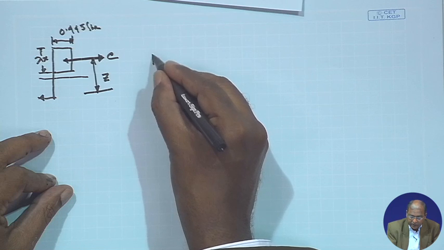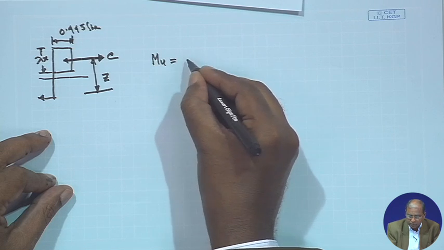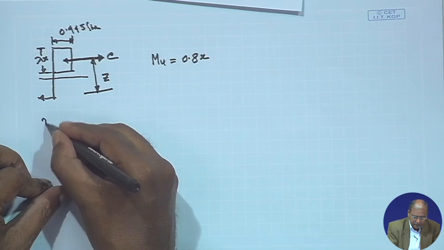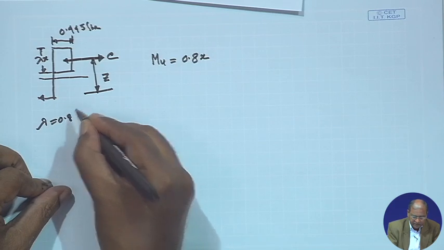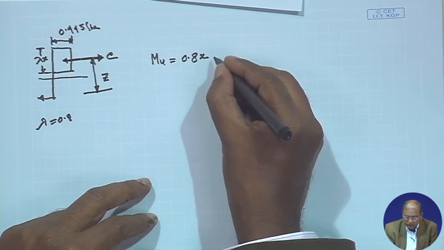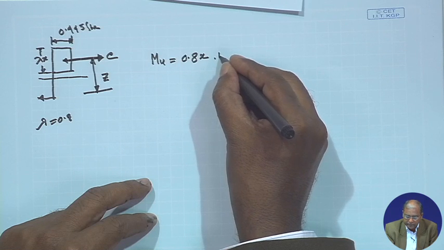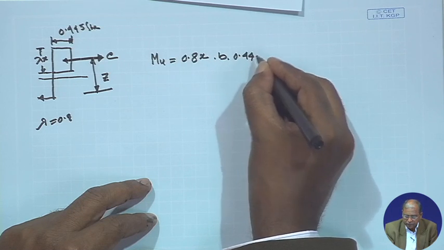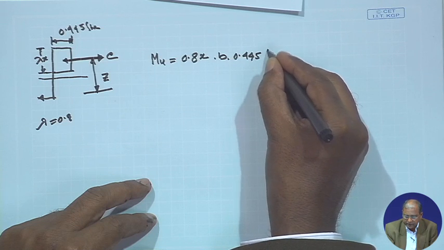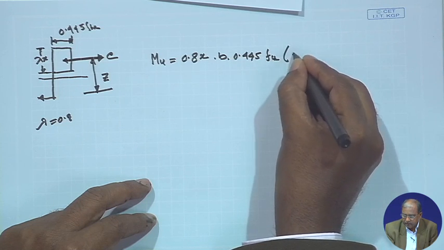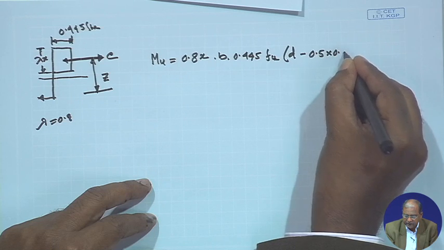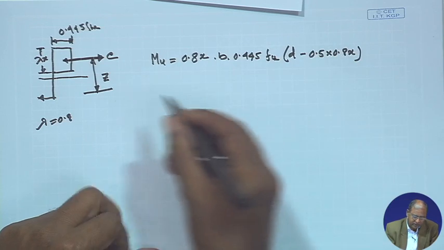So, I can write down mu 0.8x lambda equal to 0.8 into B into 0.445 FCK D minus 0.5 into 0.8 x.